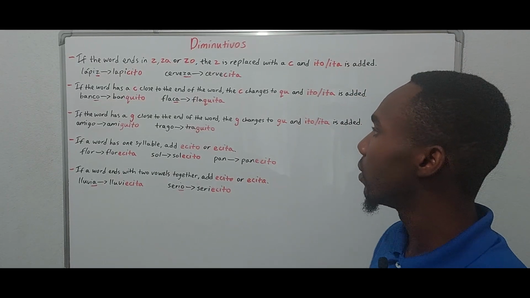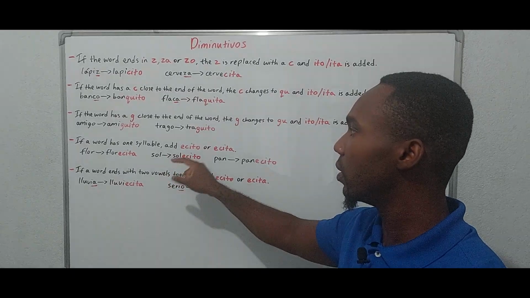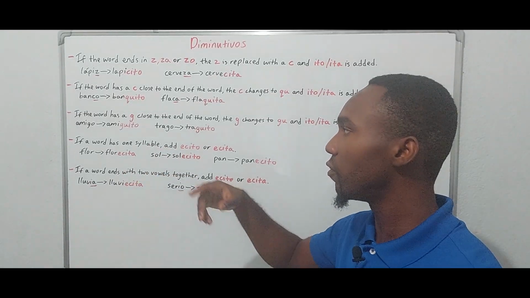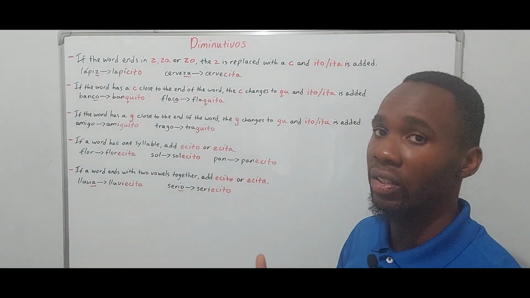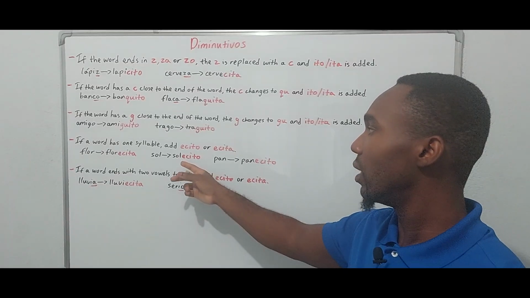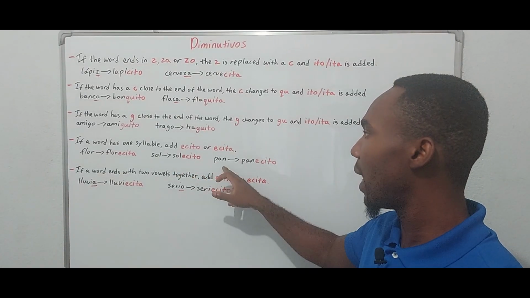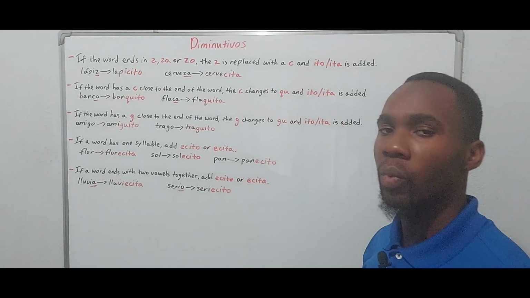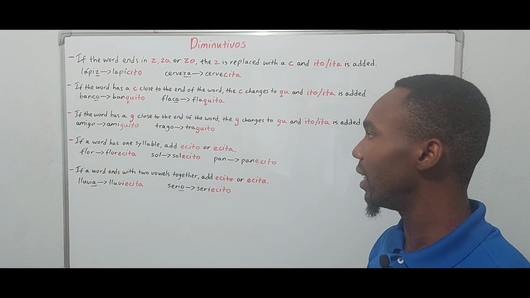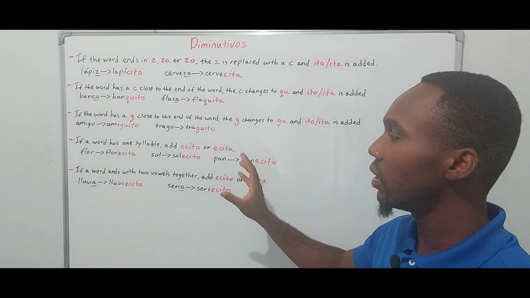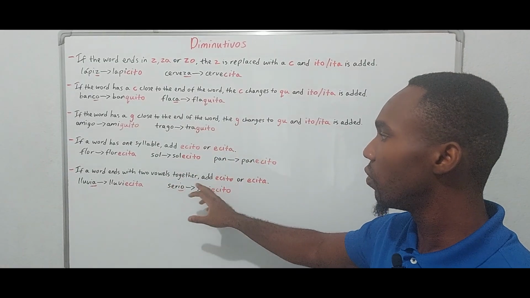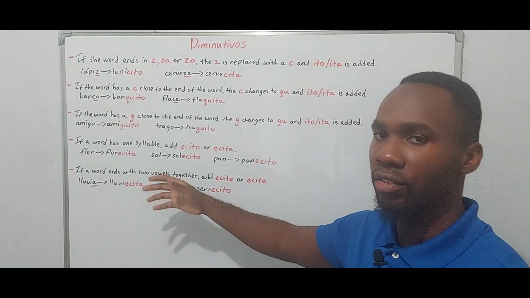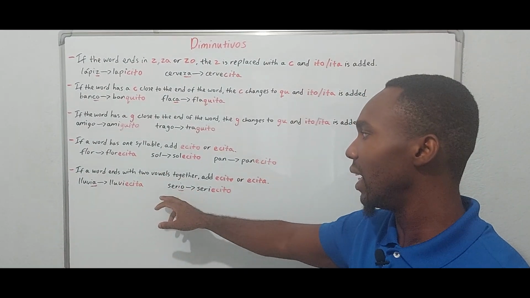Muy bien. If a word has one syllable, add esito or esita. So flor becomes florecita because flor is feminine. Solecito. And pan, bread, panecito. And finally, if a word ends with two vowels together, we add esito or esita. So lluvia, rain, becomes lluviecita.